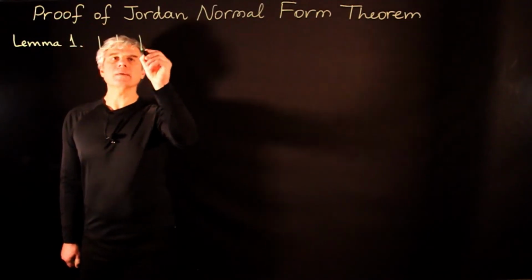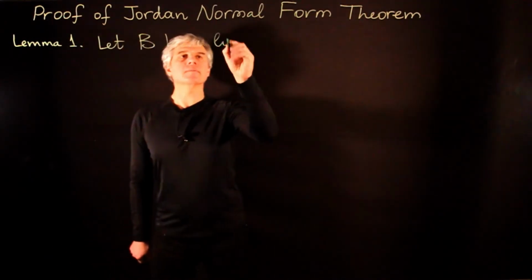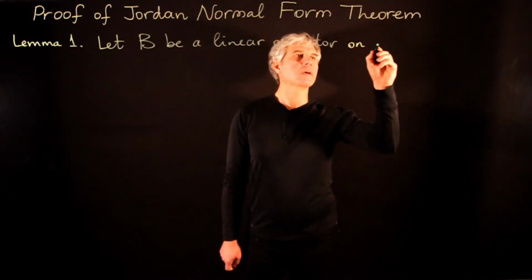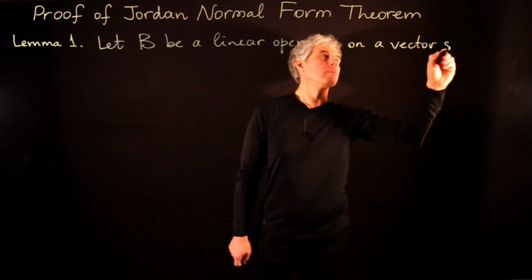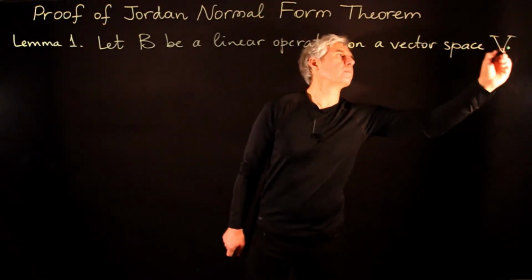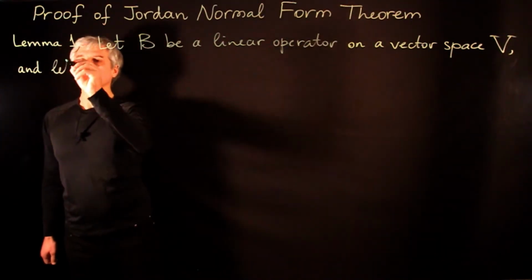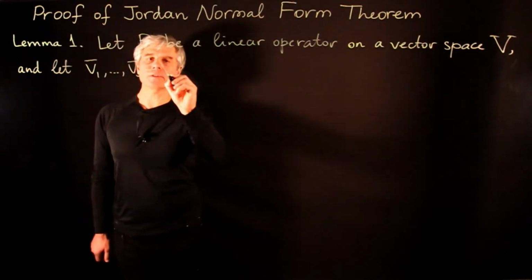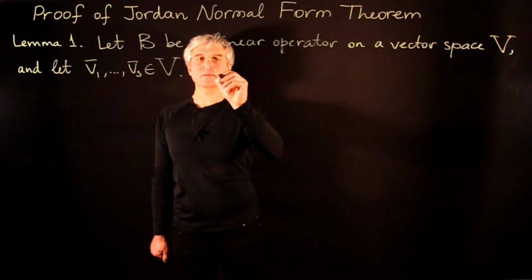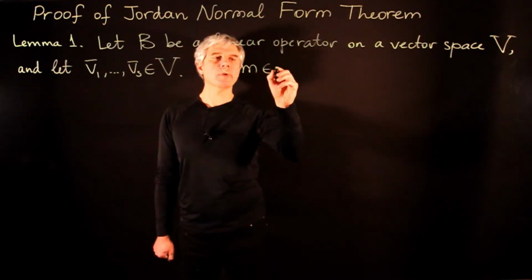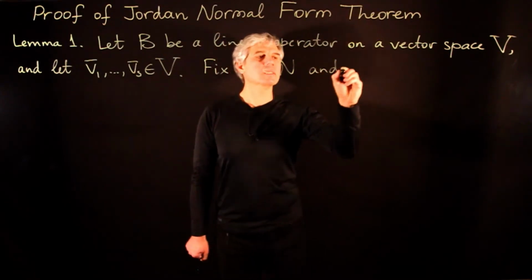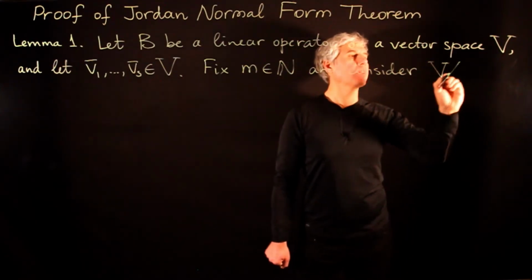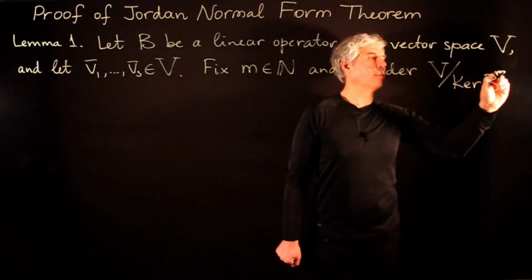Let B be a linear operator on a vector space V, and let V1 through Vs be vectors in V. Fix some natural number m and consider the quotient space V by the kernel of B to the power m.